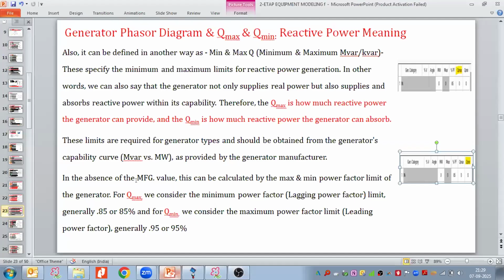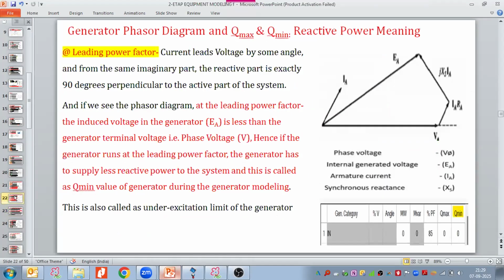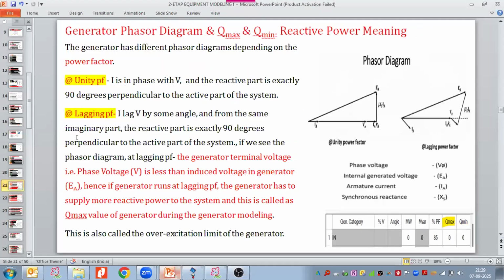In the absence of the manufacturer value, this can be calculated from the maximum and minimum power factor limit, or leading and lagging power factor limit, of the generator. For Q maximum, we consider the minimum power factor, or lagging power factor. You can correlate this sentence with the earlier explanation: for Qmax we consider the lagging power factor.